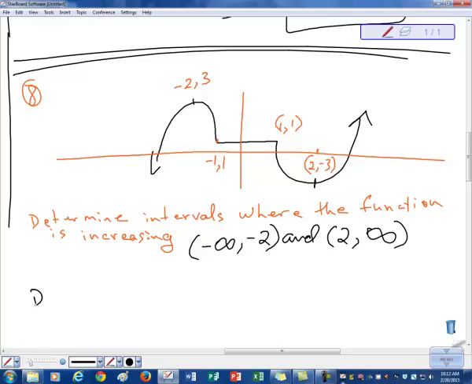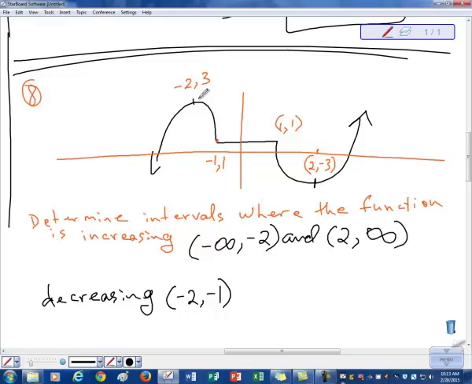Decreasing, interval where it's decreasing. Okay, stop, pause the tape, and try to figure this one out. And then start the tape and we'll see how you did. Okay, it's decreasing. Here we're going downward, right? So this would be from x is negative 2 to x is negative 1.